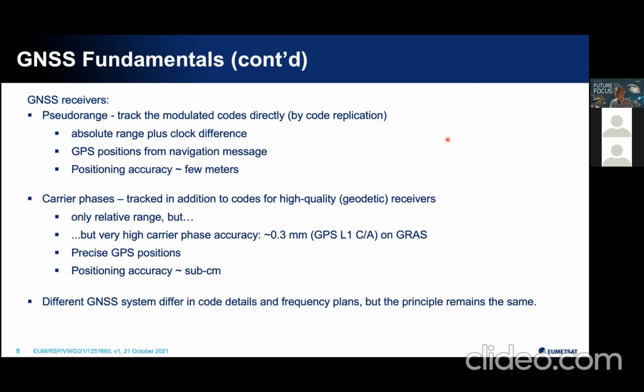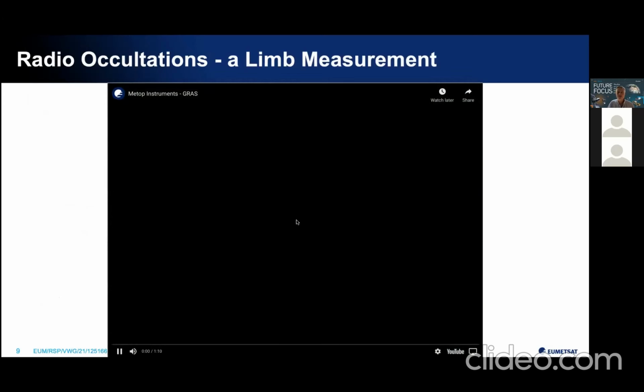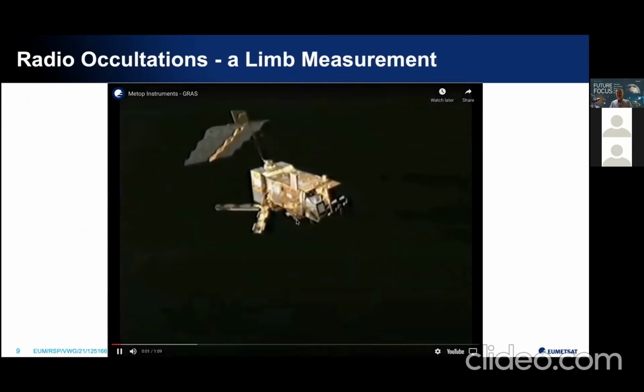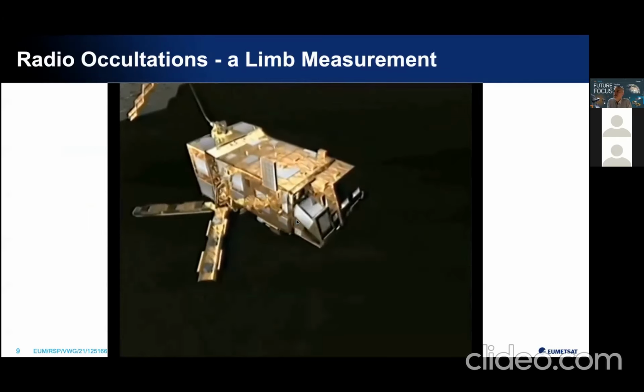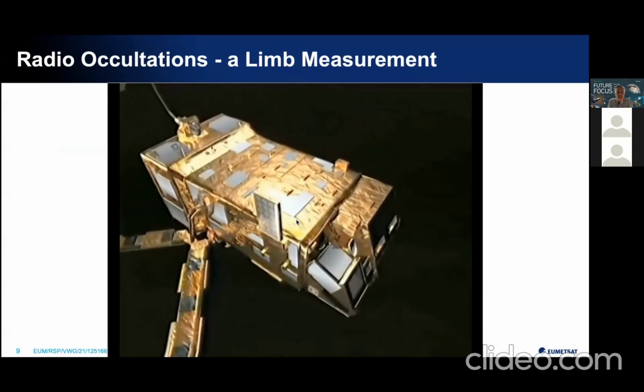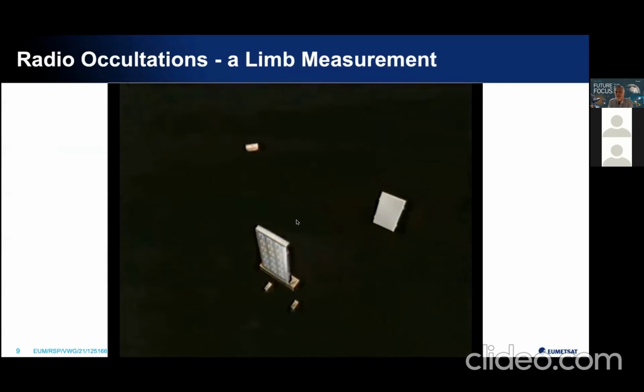But before we come to that one, I want to finally come to the radio occultations themselves. So here is a view of one of the METOP satellites. For the radio occultation, the satellite has 3 antennas that we are interested in. The one that is sticking out in the front, and on the other side there is another one.